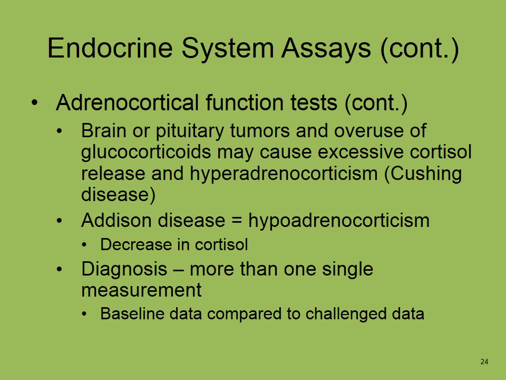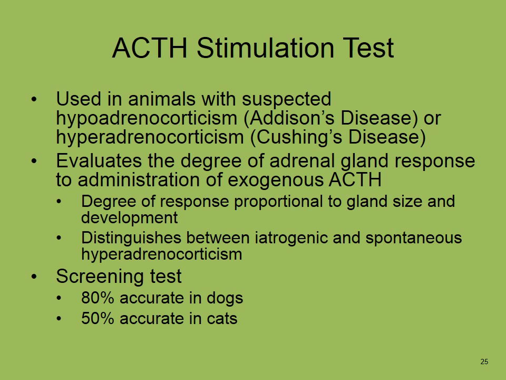We need baseline data on these animals, and then we need to challenge the animals and see how they respond, which is what we do with an ACTH stimulation test. So for animals with suspected Addison's or Cushing's diseases, we can use exogenous ACTH, so basically an injectable form, and evaluate the blood levels of cortisol before and after we give it.